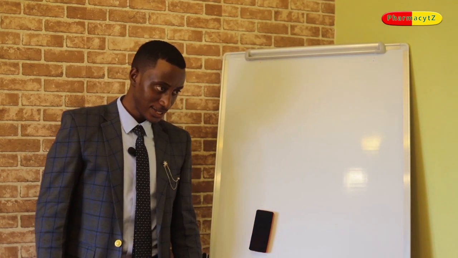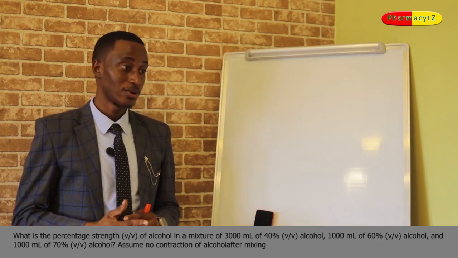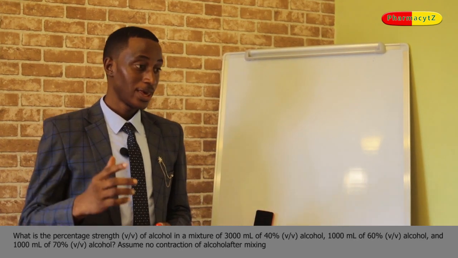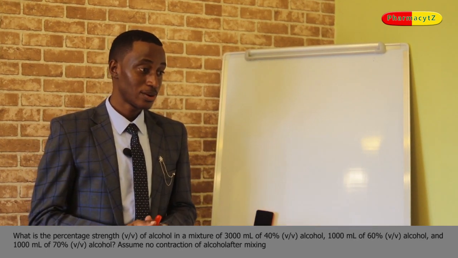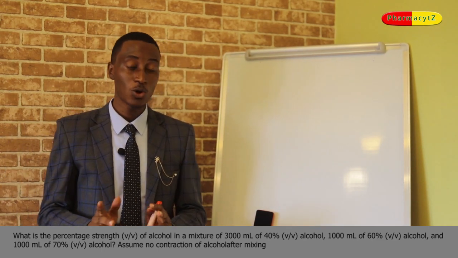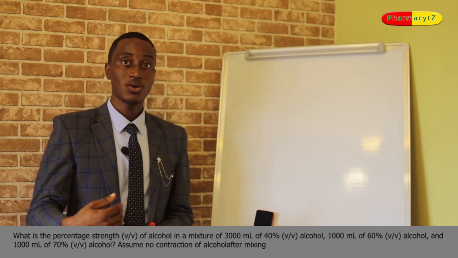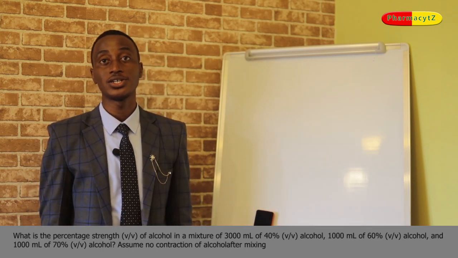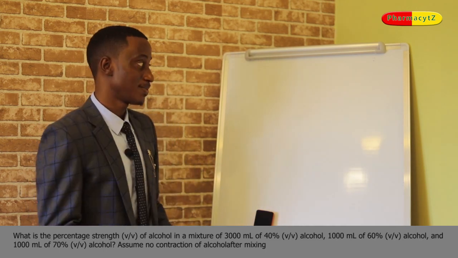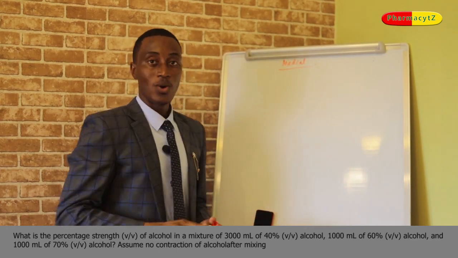The question states: what is the percentage strength, volume in volume, of alcohol in a mixture of 3000 ml of 40% volume in volume alcohol, 1000 ml of 60% volume in volume alcohol, and 1000 ml of 70% volume in volume alcohol? Assume no contraction of alcohol after mixing. Now, according to this question, we're going to use a different kind of alligation. It's not alternate again. Instead, this is medial. Why medial?